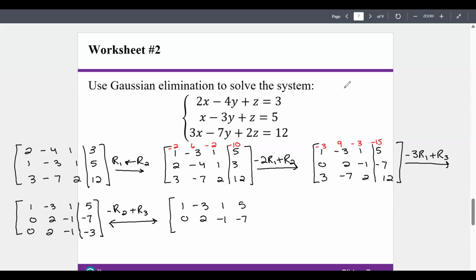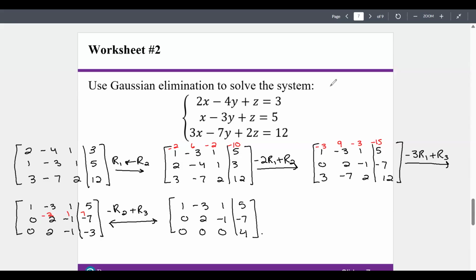So remember, R2 is all multiplied by negative, so this is actually 0, negative 2, 1, and 3 right now. So 0 plus 0 is 0. Negative 2 plus 2 is 0. 1 plus negative 1 is 0. Then 7 plus negative 3 is negative 4. Or sorry, no, positive 4. It threw me off there for a second.